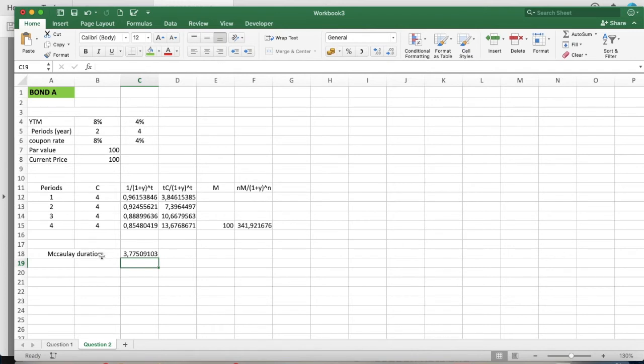Remember, this is the semi-annual Macaulay duration, and it has to be converted to the annual Macaulay duration. So all we've got to do is to divide this one by the number of periods per year, which is 2, and we got the annual Macaulay duration.